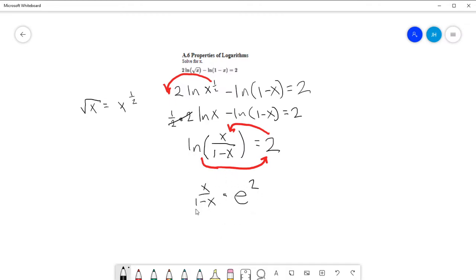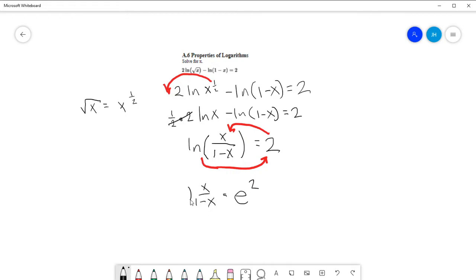Now, in order for us to continue to solve this problem, we are going to need to multiply both sides by the denominator. Remember, guys, back when we were solving problems where we had fractions and variables, we always saw that we wanted to get rid of any variables from the denominator of those fractions.